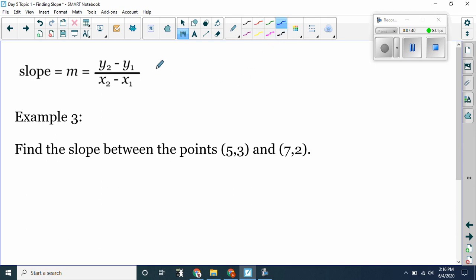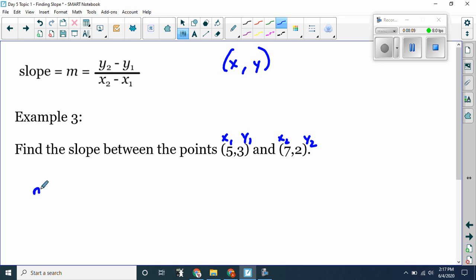Now remember, when we're talking about x and y, it's always the x first and then the y. So this is my first point. I'm going to label this as x1 and this as y1. That's the x value of my first point, and this is the y value of my first point. This is my second point. So this is going to be x2, and this is y2.